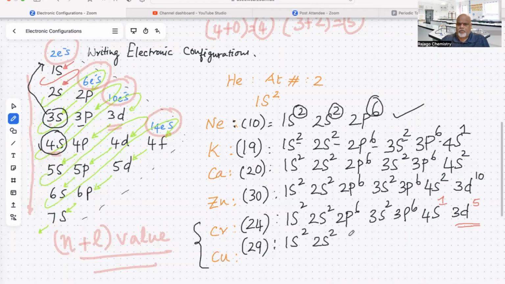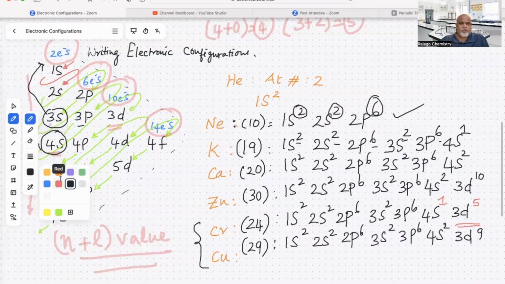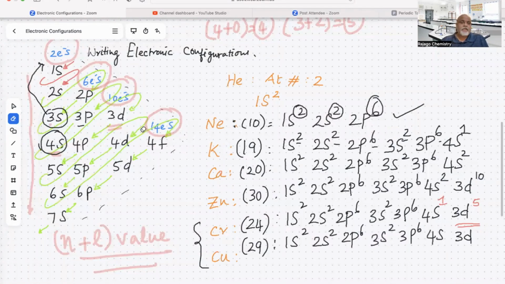1s2, 2s2, 2p6, 3s2, 3p6, 4s2, it should be 3d9. But when you look at the periodic table, it is going to look like this. First erase this. It's going to be 4s1 and 3d10.